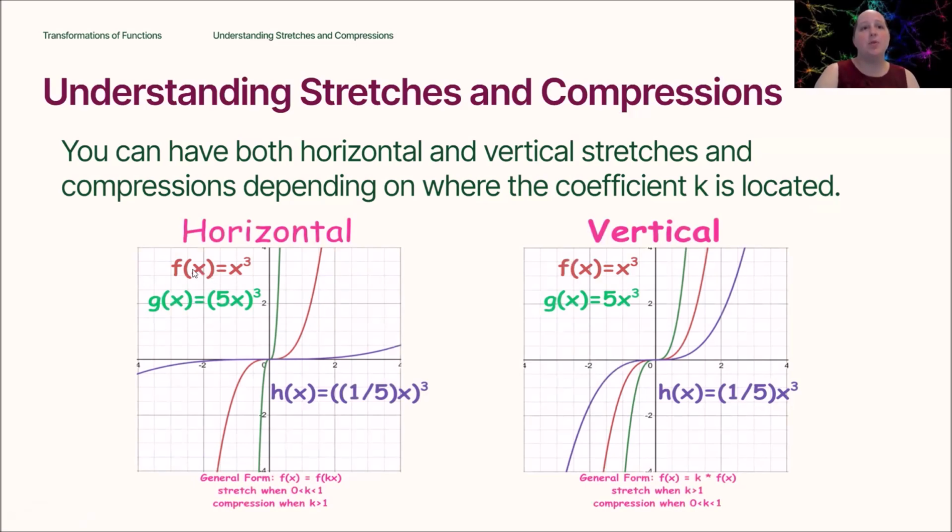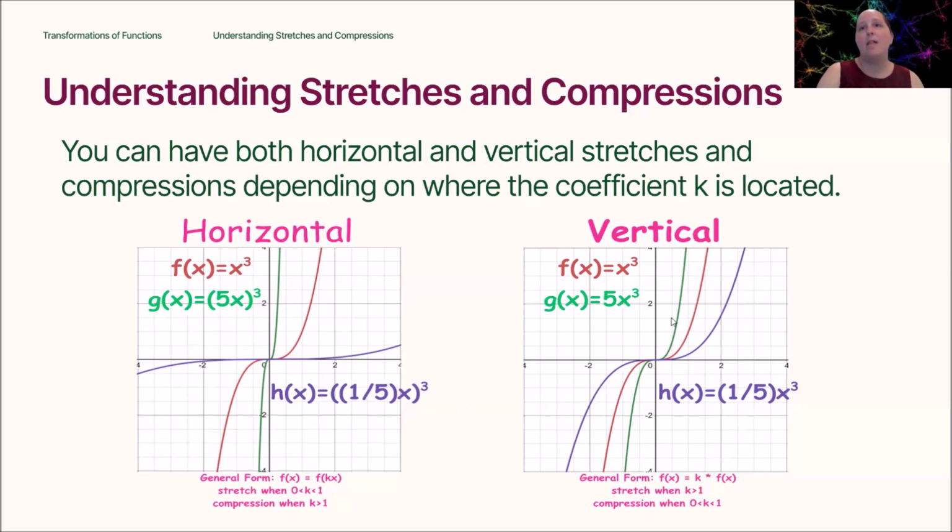So for example, I have f of x equals x cubed. That's my original parent function. When the coefficient is inside the parentheses and greater than 1, it's a horizontal compression because I've squished it, but it's still going this way. When it's inside the parentheses but between 0 and 1, it's a stretch.